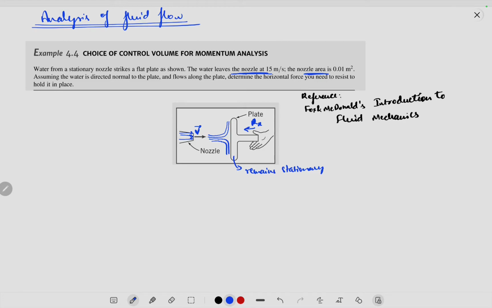So currently we don't have the knowledge to solve this problem. So we'll derive Reynolds transport theorem, and from it we will derive some important equations that will lead us to answer these kinds of problems.